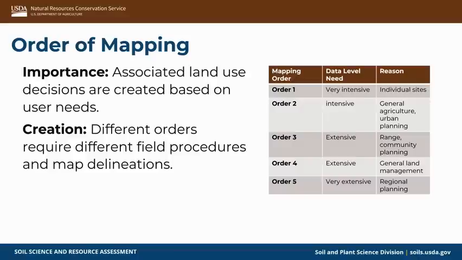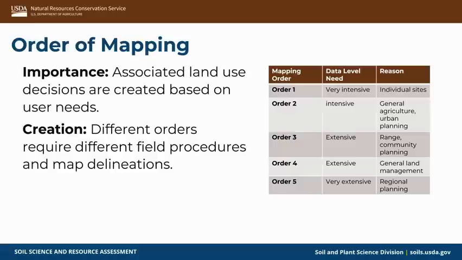What I mean by that is if you have an urban setting with a lot of buildings being constructed, or you have really intensive agriculture areas, you're going to want a higher soil order mapping scale to provide these landowners with efficient data. And that would be at order 1 or order 2 mapping.